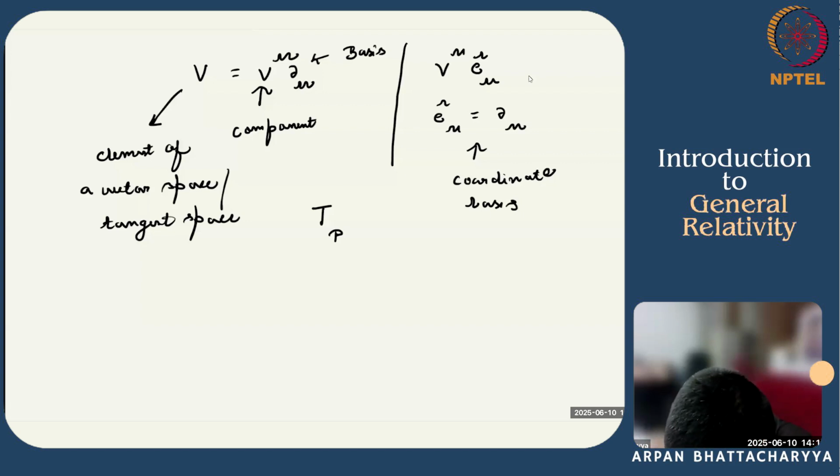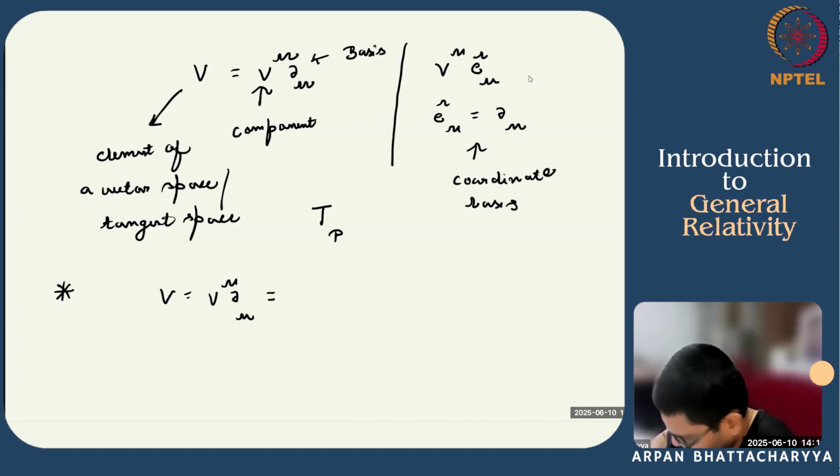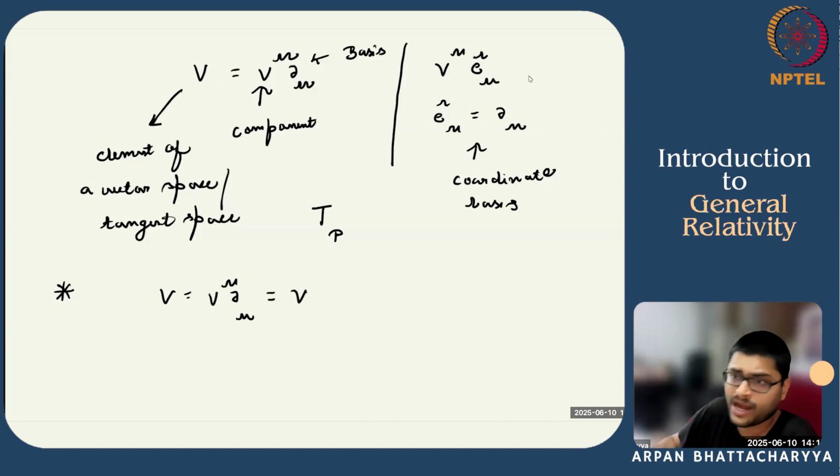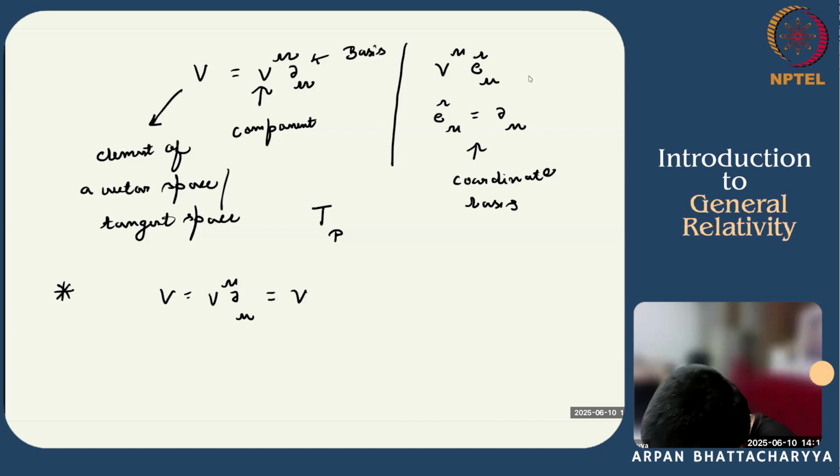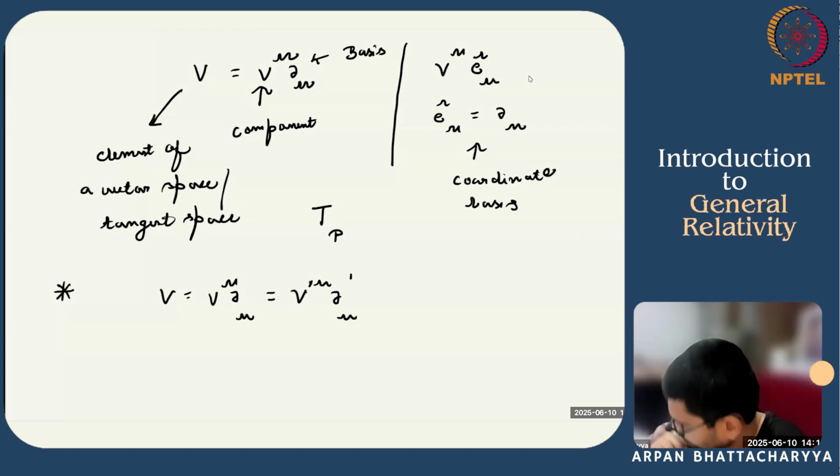Now we know that vectors correspond to some physical quantities, and according to the principle of relativity, this should remain the same in any inertial reference frame. So if you have V mu in a particular frame, it should be equal to V prime mu in some other inertial frame, where the components form some V prime in the basis del mu prime.